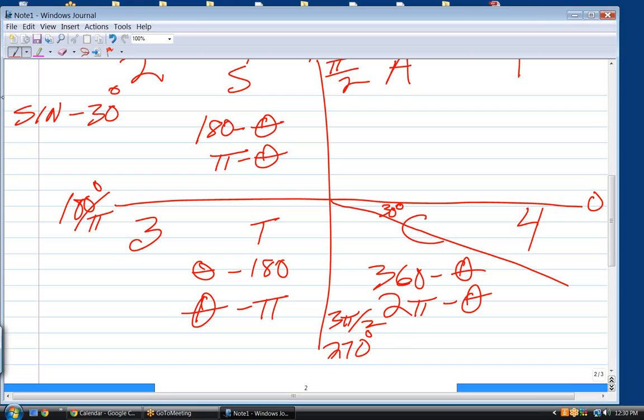And I'll show you why that's the hard way. But this is the way I always used to do it. So what's the sine of 330? What's the equivalent first quadrant angle? Use that formula.